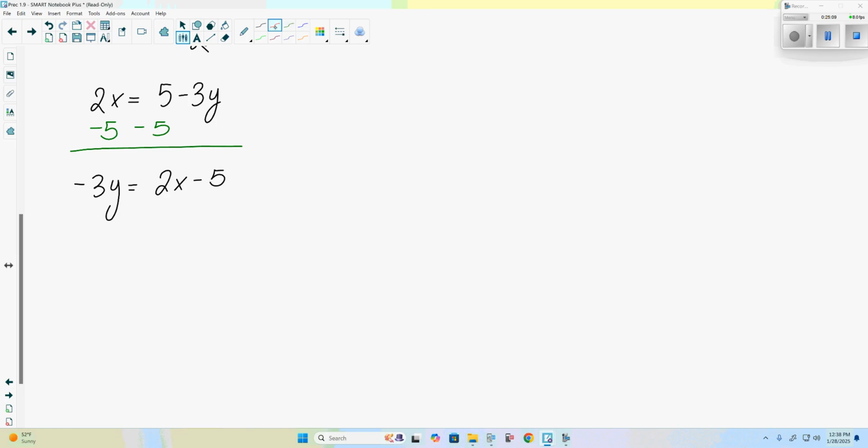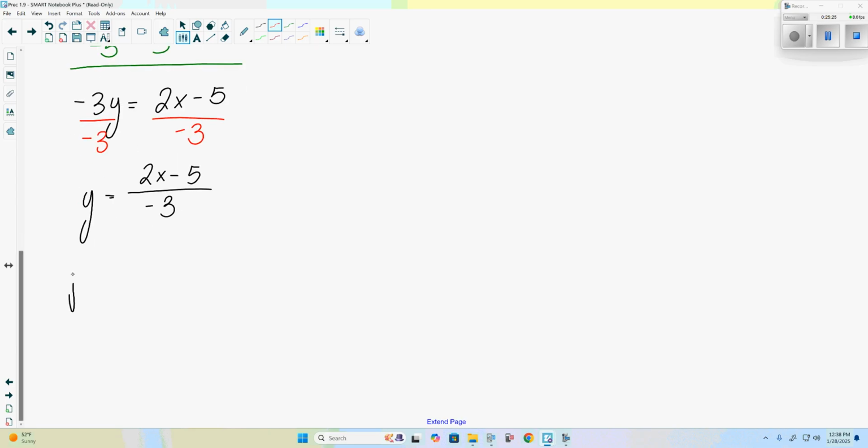Then we would divide by negative 3. And lastly, replace y with f inverse of x.